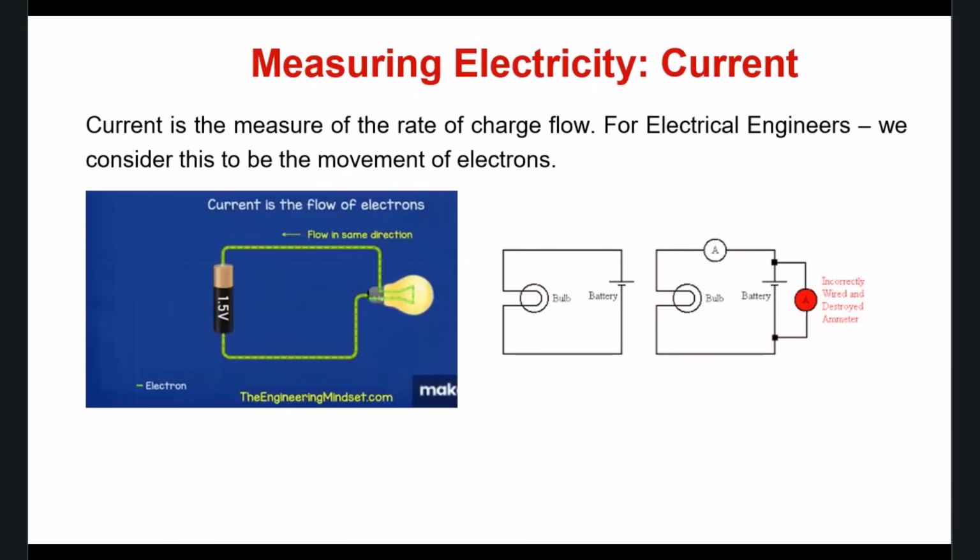Now if you want to measure the current which is flowing in the circuit, you can apply an ammeter to any of the terminals. Like here in the second diagram, between the two terminals of the battery, we have connected the ammeter, and the ammeter is going to give us the amount of current which is flowing in the circuit.